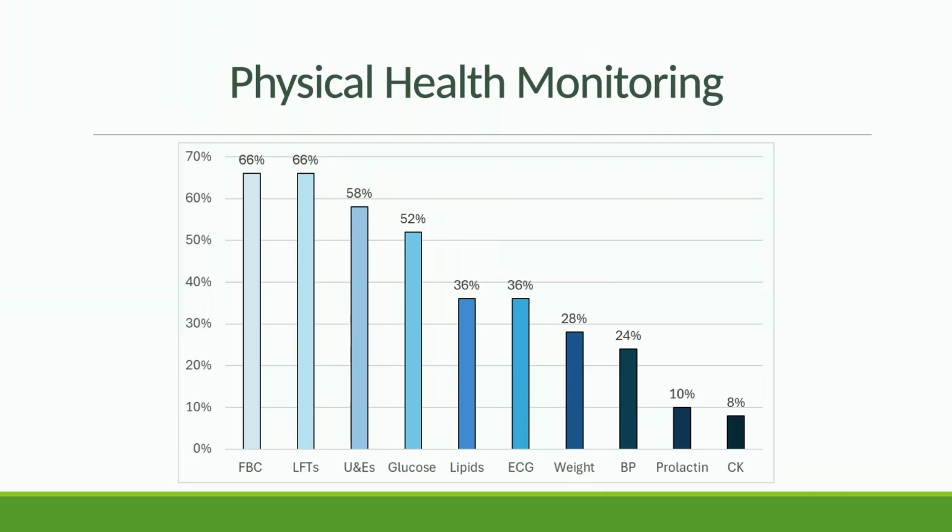So not brilliant, and it gets less as you go down. Only just over a third of people were getting an ECG. 28% were having their weights done, 24% were having their blood pressure done, and then the more unusual blood tests that you actually have to write on the form were 1 in 10 and 8% of people. So a long way to go to improve what we're doing.